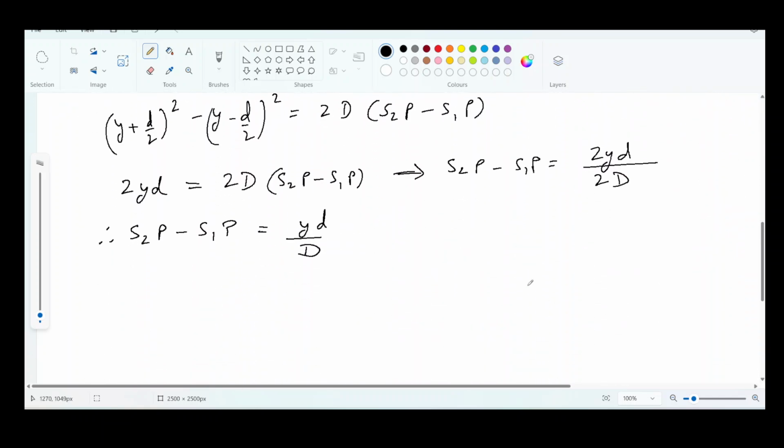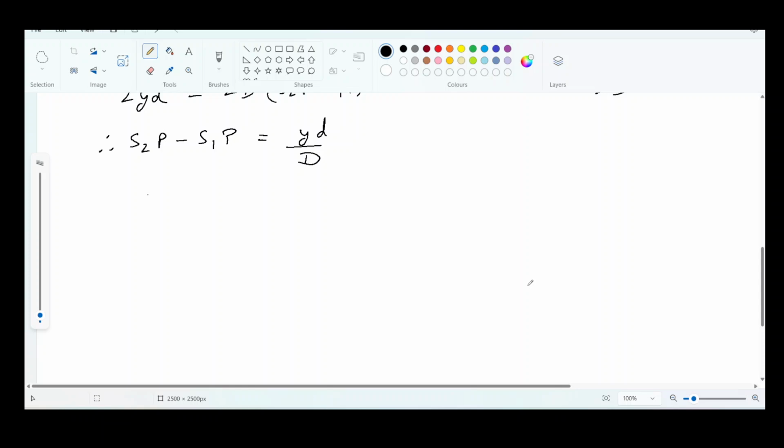So the next thing we apply here is the optics concept.